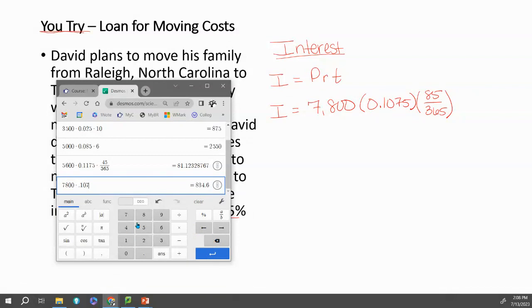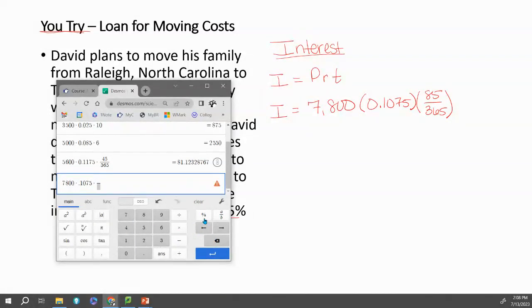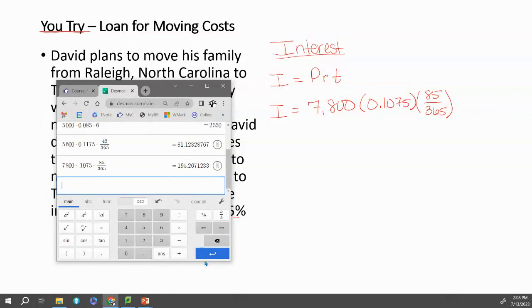And then we have our time, which is 85 days. So that's where we need to use the fraction. And that leaves us with an interest of $195. And notice that this is 0.267.